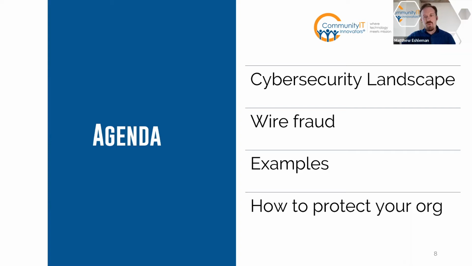And then finally, we're going to talk about how to protect your organization. It's really important to move from understanding these concepts to the specific steps you can take to help protect the data and your organization's finances.